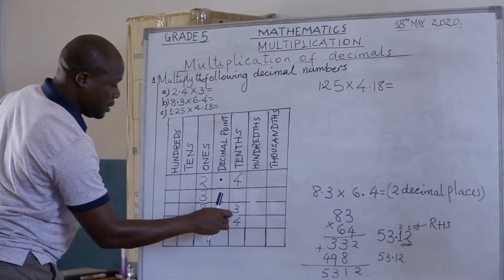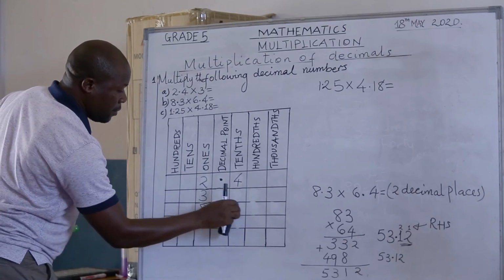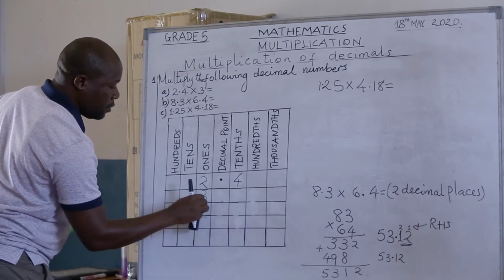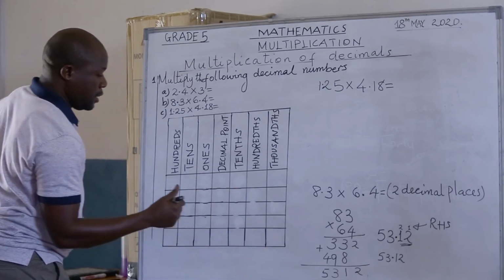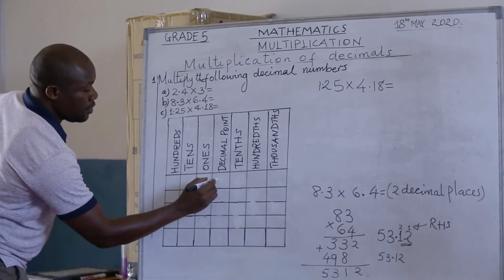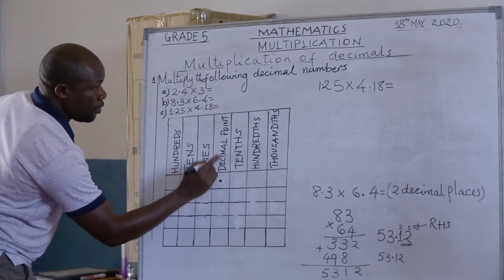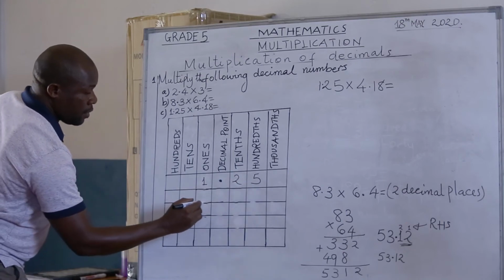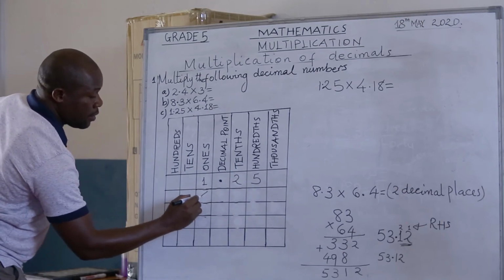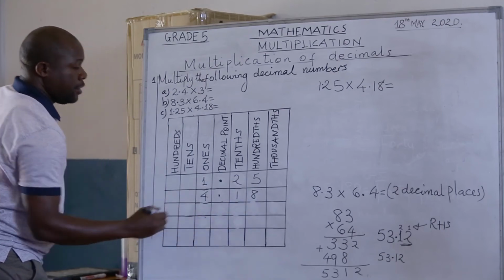Take the numbers as we did with the first ones, and insert them in the place value chart. We have number 1, decimal point, number 2, then number 5. The second one, multiplied by, you have number 4, decimal point, 1 and 8.